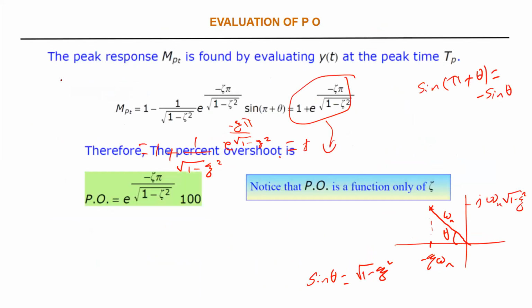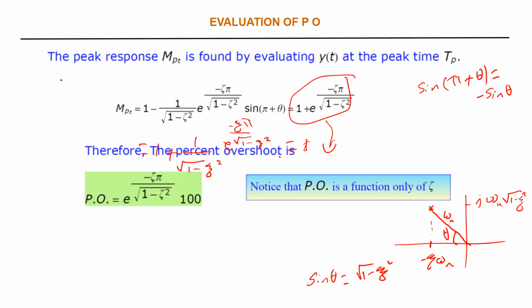Okay. So this is basically, if you want to design a system, I'm relating here zeta to the percentage overshoot. So the percentage overshoot is a function of zeta only.